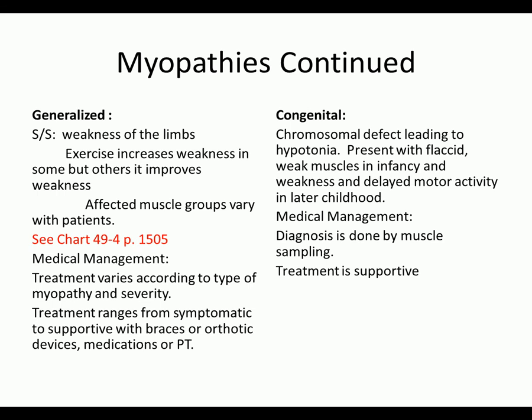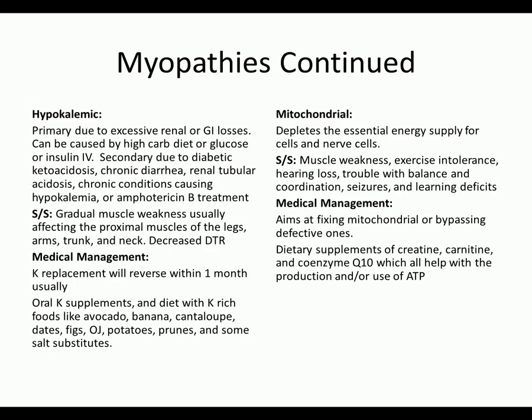Your hypokalemic myopathies can be primary or secondary. It can be due to excessive renal and GI losses, diabetic ketoacidosis, or chronic diarrhea. Any condition that causes hypokalemia or any medication that causes it.